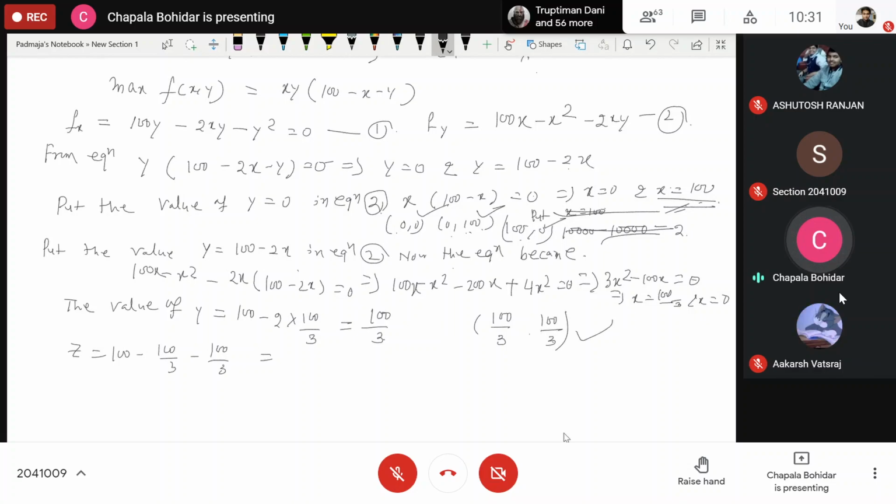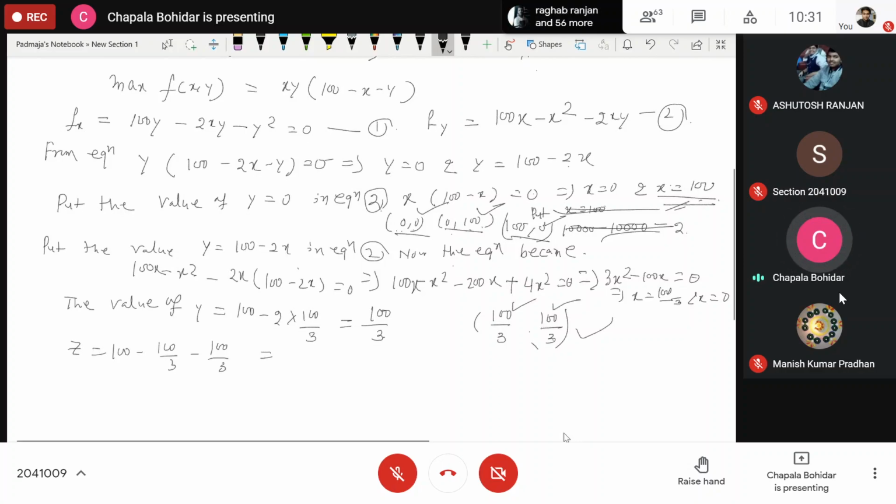If you put x is equal to 0, we will get that the maximum value is 0. If you put this point, the maximum value you always get is 0. So now we consider these two values only. So what is the maximum value? Value of z is equal to?